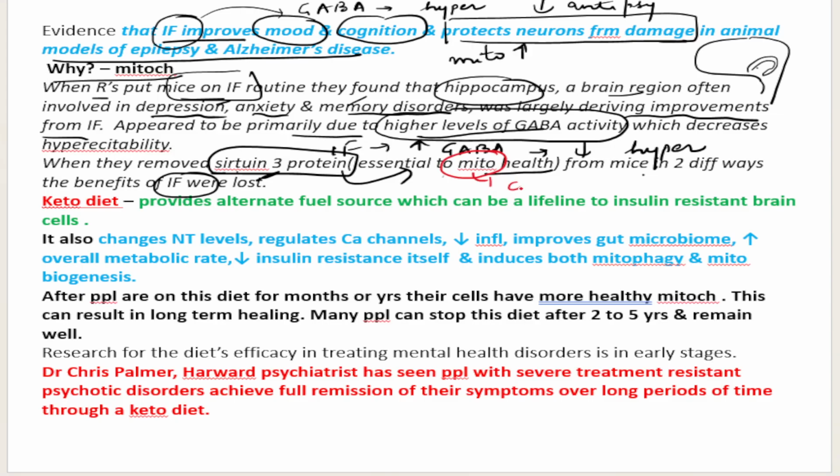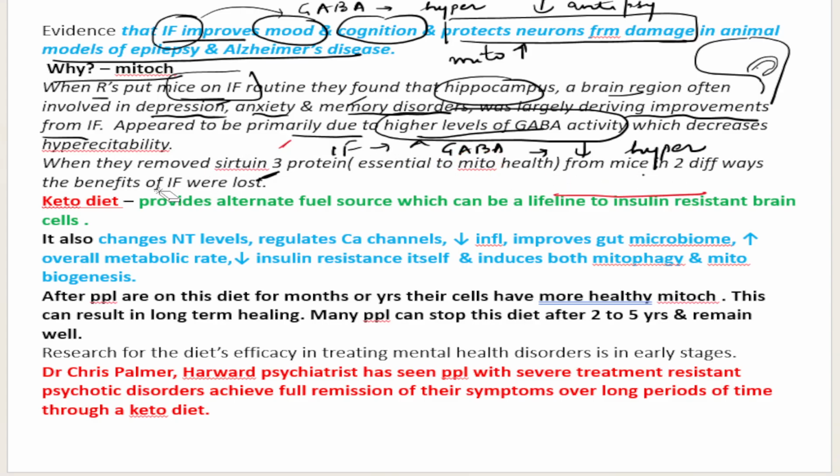The mitochondria were the common pathway through which intermittent fasting was giving benefits. As soon as the mitochondrial function was impaired, that is, this protein from the mitochondria was removed, the benefits of intermittent fasting were lost.